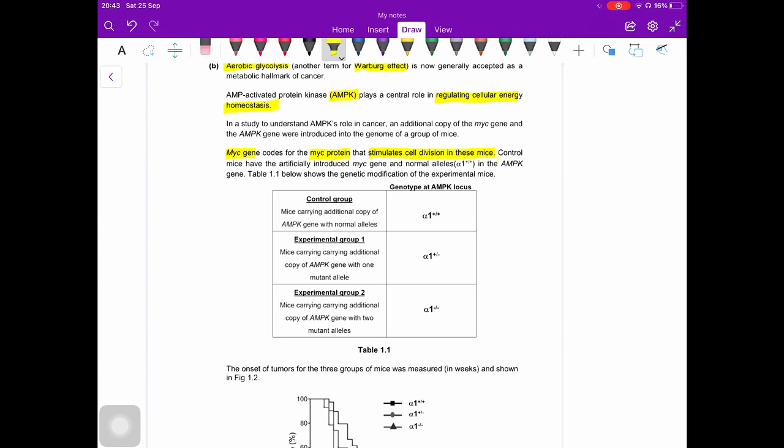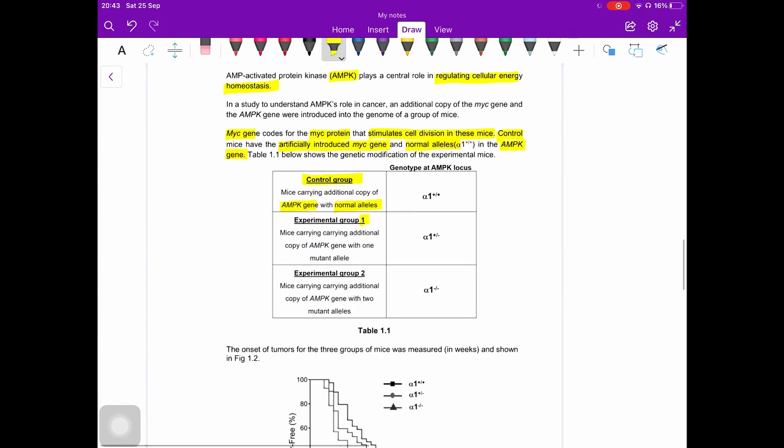So control mice in this experiment have artificially introduced MIC genes and normal alleles for the AMPK gene. So look at the table here. The control group, they have normal alleles for your AMPK gene. Your group 1, they have 1 mutant allele of your AMPK gene.